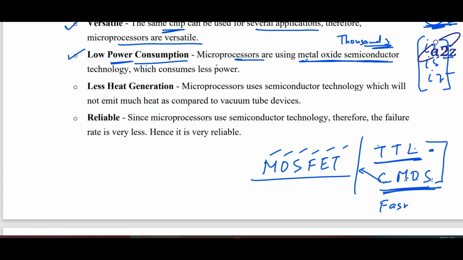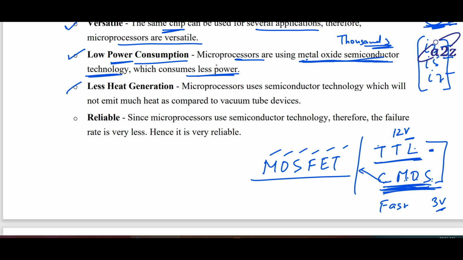So microprocessors are CMOS based, and their architecture consumes less power. If we talk about TTL, it consumes like 12 volt, while CMOS consumes 3 volt. Now see the difference in the power consumption.